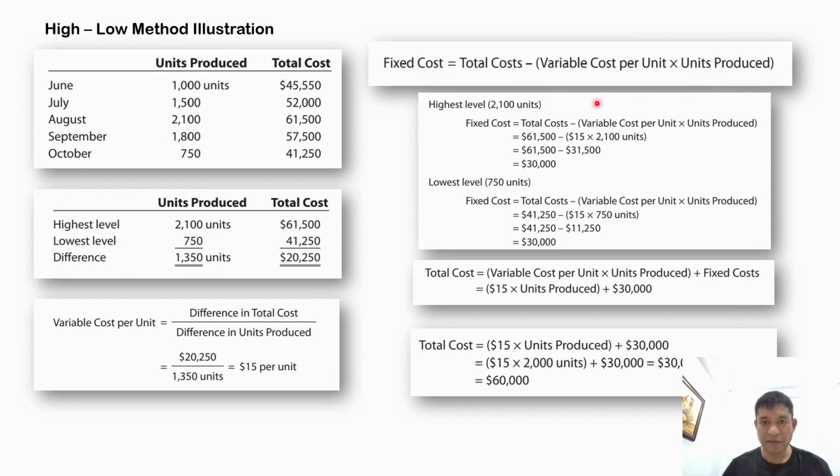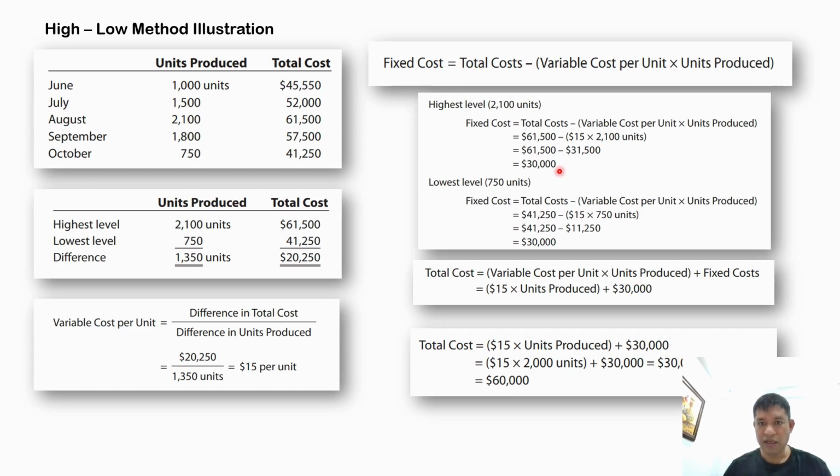So for the highest level, which is 2,100 units produced, the fixed cost is equal to the total cost, which is 61,500, minus the variable cost per unit, which is $15, times the units produced, which is 2,100 units.